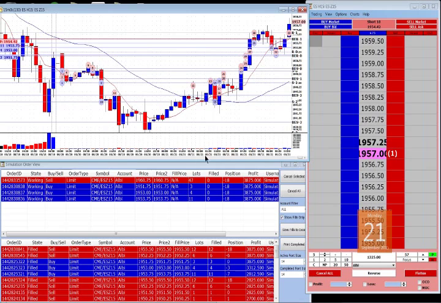And this is the volume of how many actual trades were done at this candle here, or this time frame. And you can see how it was a lot of volume here, but this is actually Friday's trades, and this is Sunday afternoon, and this started again at 6 o'clock.